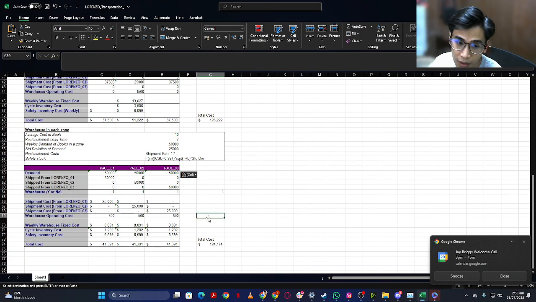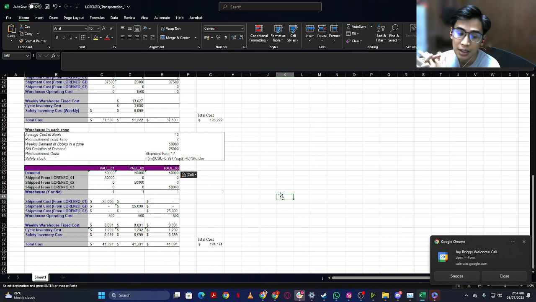For scenario 3, let me again copy and paste my name over here so we don't get any confusion. All right, let's begin. Warehouses are in all locations. Now each delivery location has its own warehouse. Paul 01 or Lorenzo 1 ships to Paul 1, Lorenzo 2 ships to Paul 2, and Lorenzo 3 ships to Paul 3.